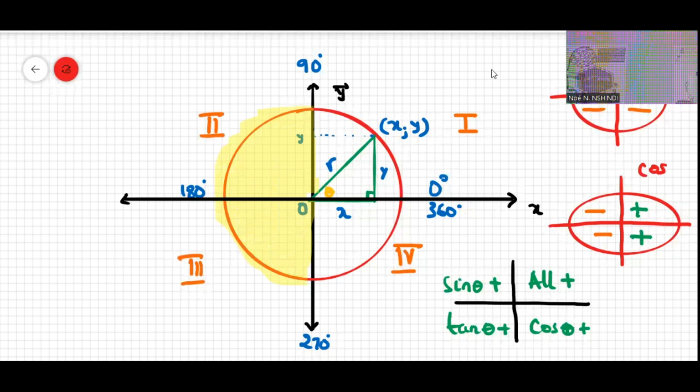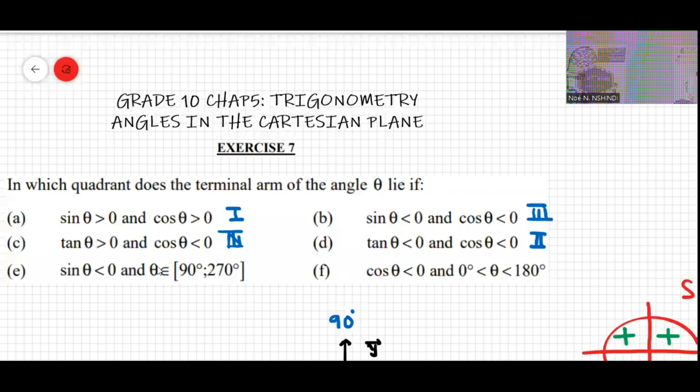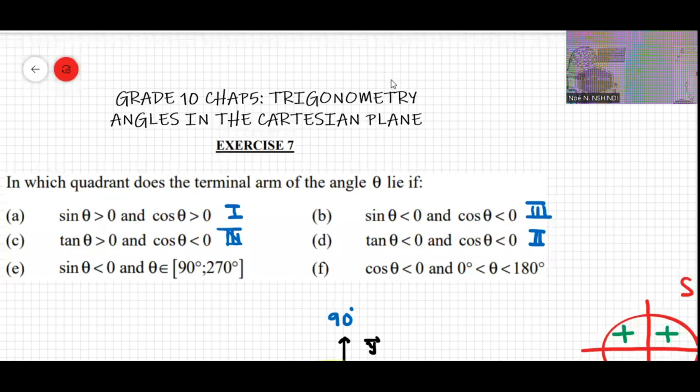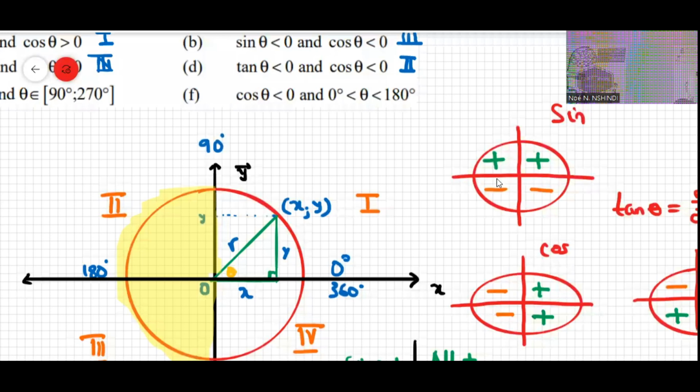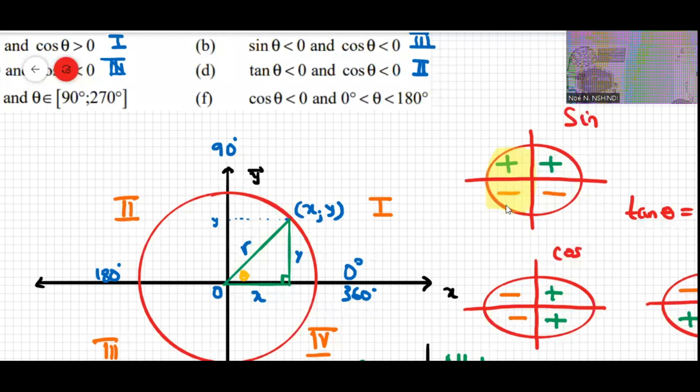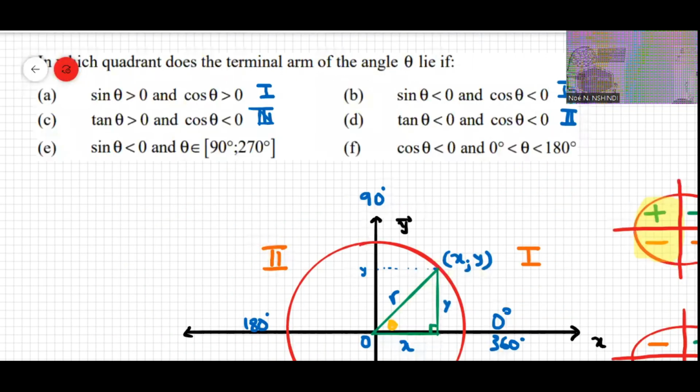So the question says sine is less than 0, sine is negative. This part is the same part as over here. So it is negative on the third quadrant, okay? So here it's gonna be also on the third quadrant.